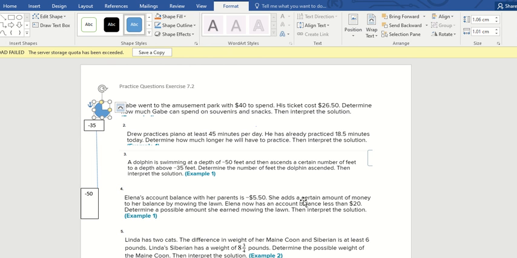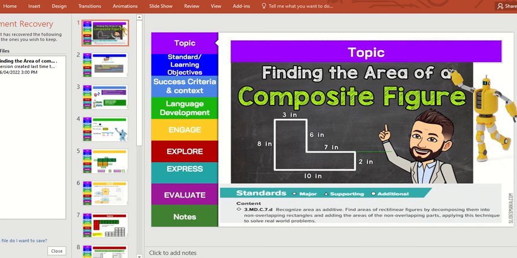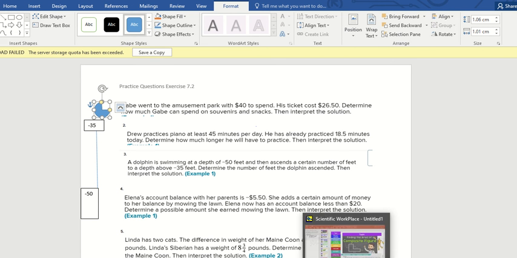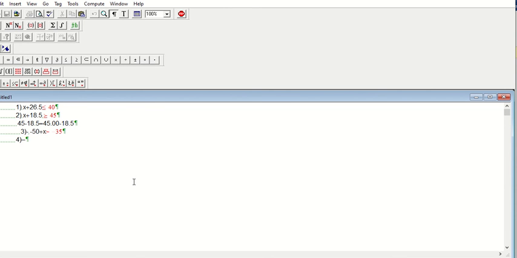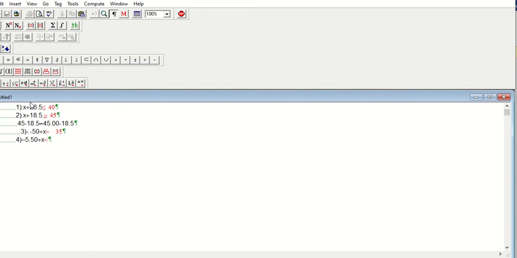Okay, Alina now has an account balance less than 20. See, this is very simple. It says that it is less than 20 in total. So it's very easy to write. We will write it as minus 5.50 plus X is going to be less than 20.